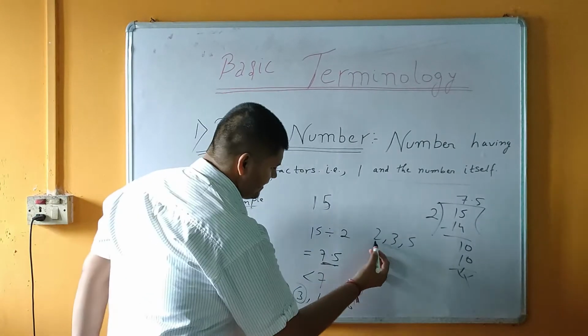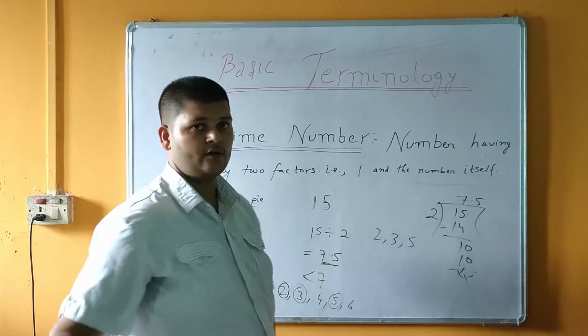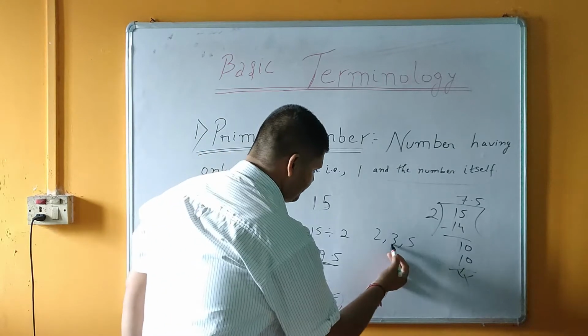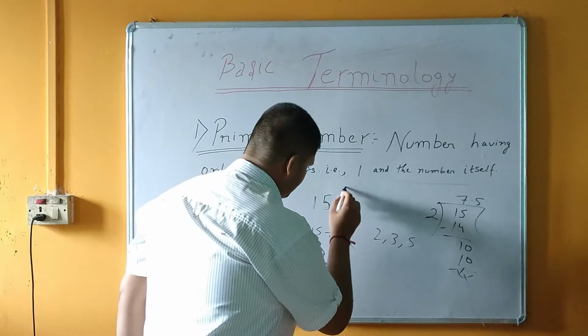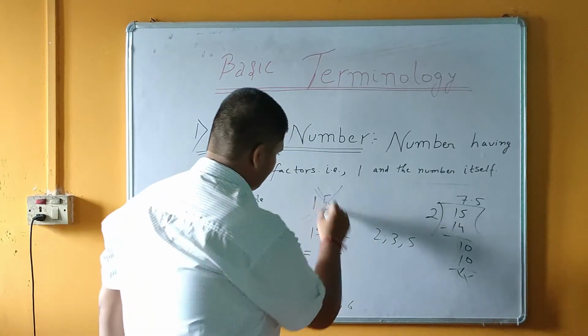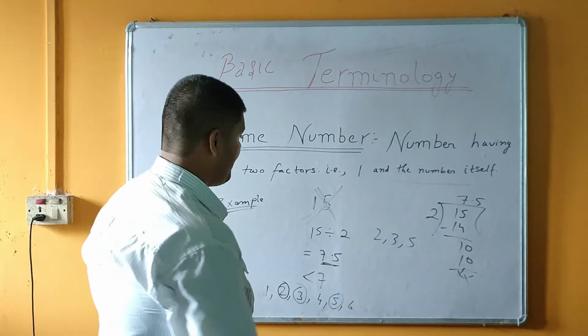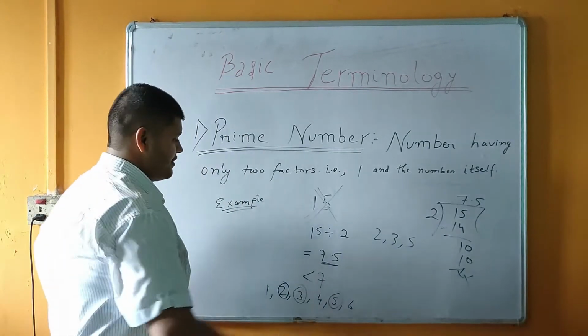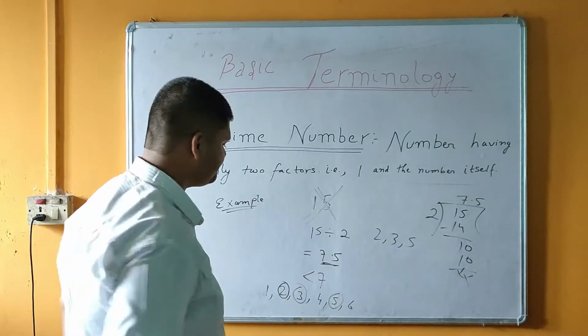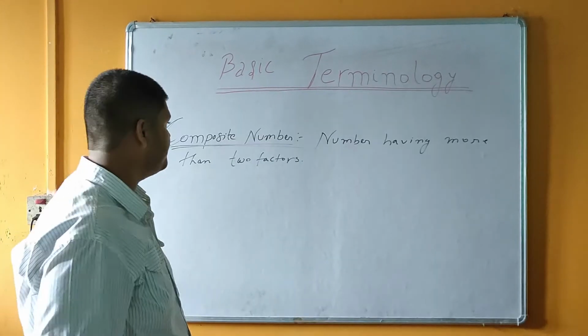In the table of 2, this 15 will not occur. In the table of 3, yes, it will occur, 5 times. That means this 15 is not a prime number. So what is it? We will see. Just wait, hold on. I am erasing this. Alright.